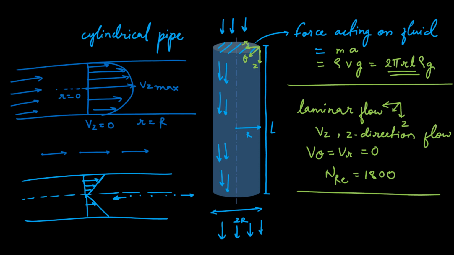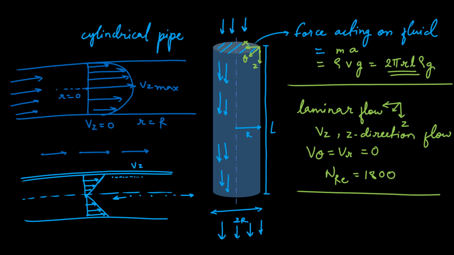Therefore, velocity here is less because the near molecules cause friction with the boundary layer, with this wall, and will not be moving faster.